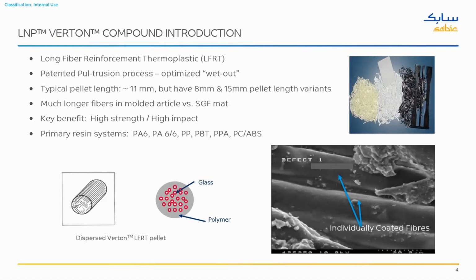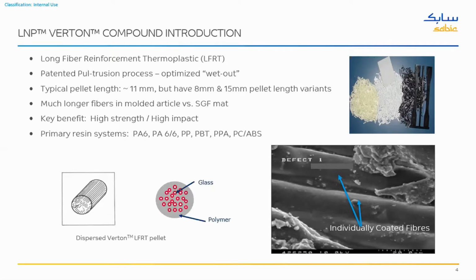Intro about the long glass fiber LNP VERTON portfolio. It is mainly based on long glass fiber material produced by the pultrusion process, which helps to wet out all the fibers, typically glass fibers, which is the focus here for us, with the resin, as shown in the image over here. Typically the fiber length, the pellet size, is around 11 millimeters. We also want to maintain the longer fibers within our part to help improve mechanical properties such as higher strength and higher impact performance.